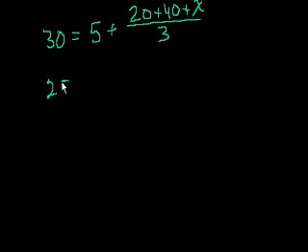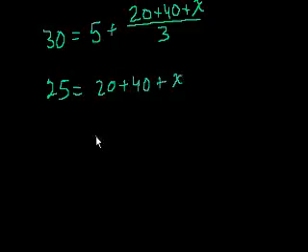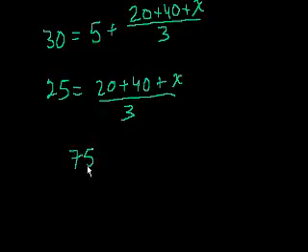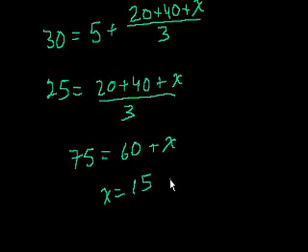You get 25 is equal to 20 plus 40 plus x over 3. So you multiply both sides by 3. You get 75 is equal to, what's 20 plus 40? It equals 60 plus x. And then you subtract 60 from both sides. You get x is equal to 15. And that is choice A.